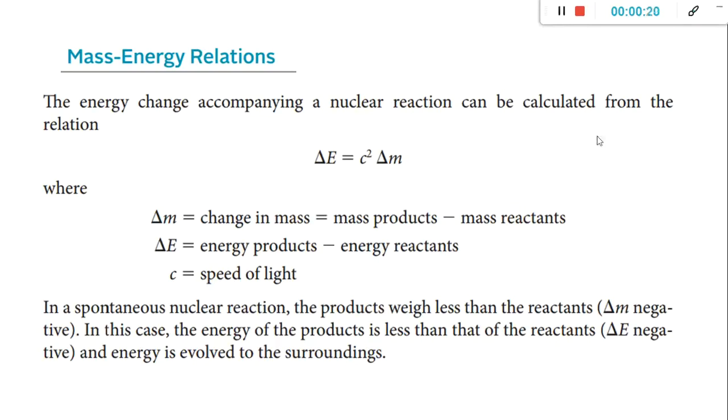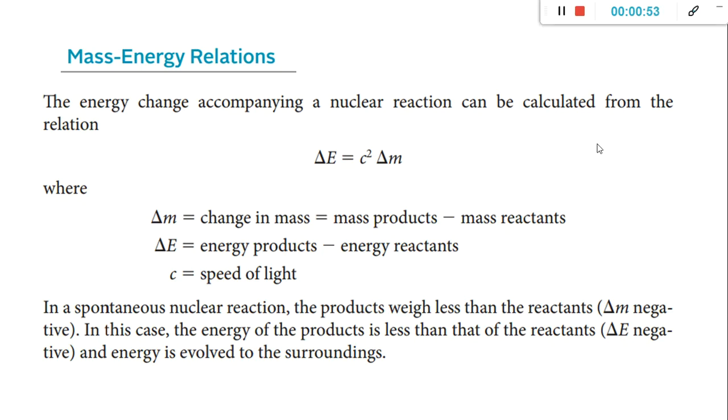The energy change accompanying a nuclear reaction can be calculated from the relation delta E is equal to c squared multiplied by delta m, where delta m is the change in mass, the mass of products minus the mass of reactants. And delta E is the energy of products minus the energy of reactants. And c is the speed of light.